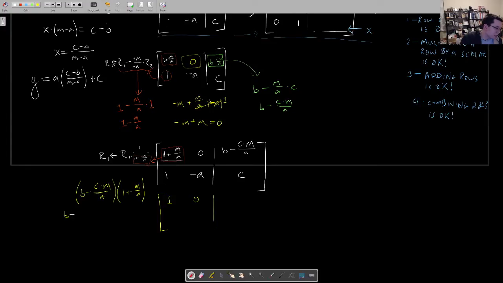So we have b plus b times m over a minus c times m over a minus c times m squared over a squared. This is getting ugly. So we have b plus m times b minus c over a.